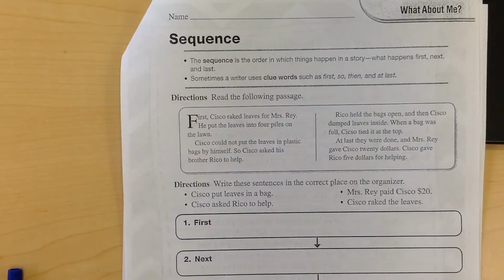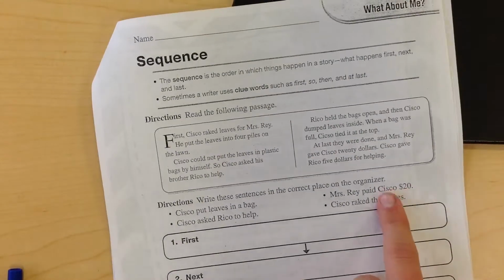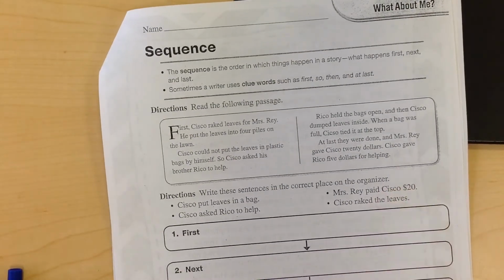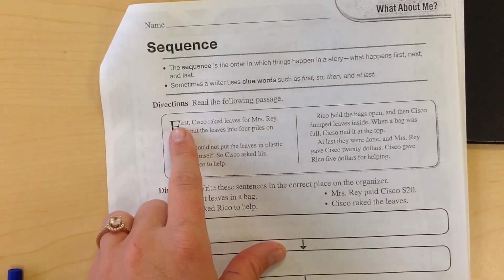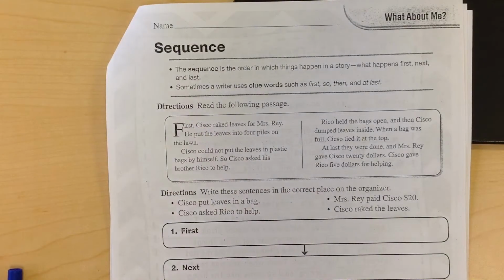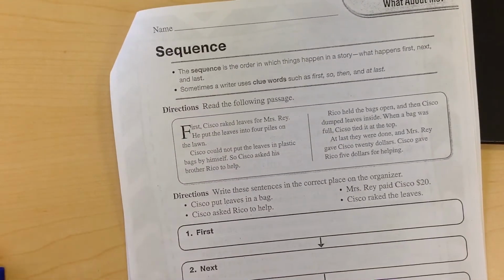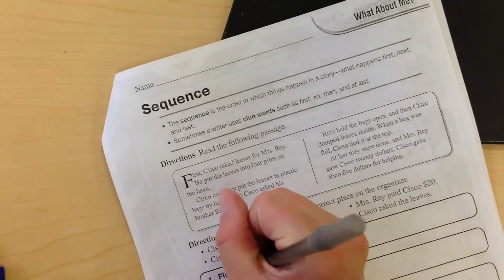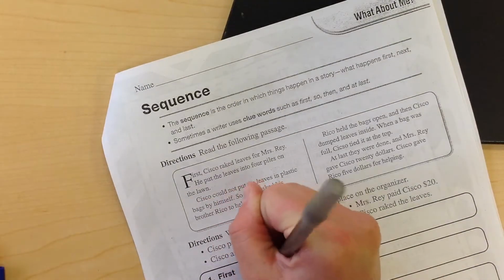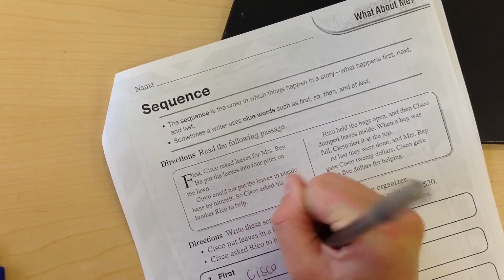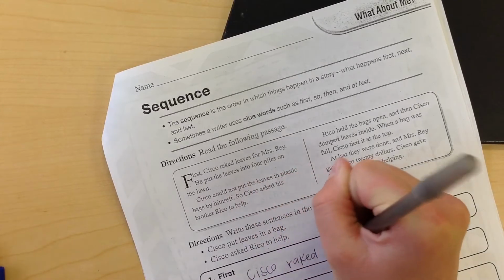Do any of these tell us that Cisco raked leaves? I see it right here. We know that this is the first thing he did because of our key word or a clue word first. So the first thing that happened in our story is that Cisco raked leaves. So we're going to write that. Cisco raked leaves.